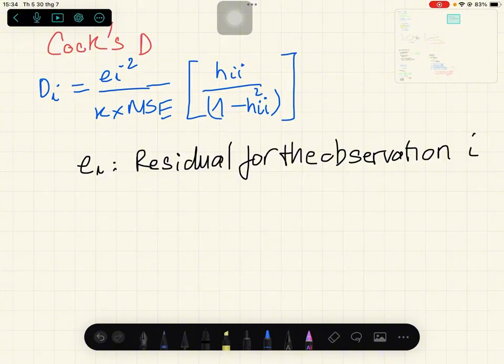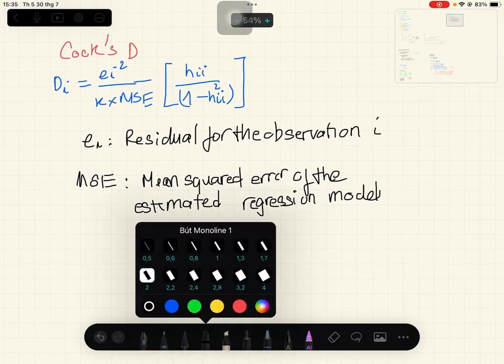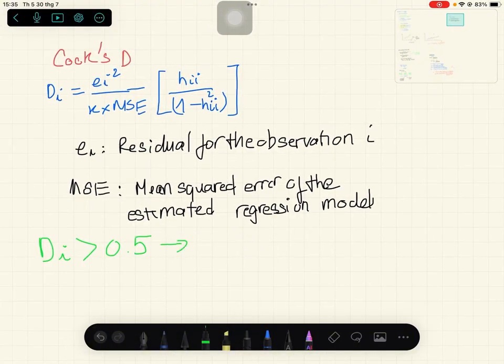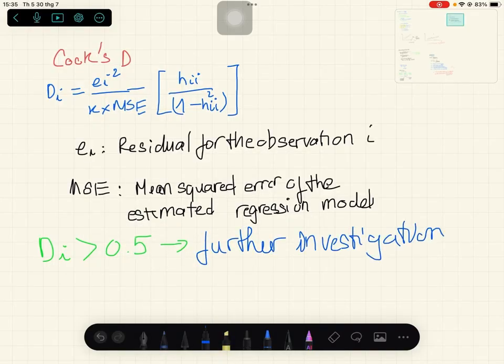MSE is the mean square error of the estimated regression model. If D_i is greater than 1.5, the ith observation may be influential and merits further investigation. A value above 1 often indicates a highly influential observation.